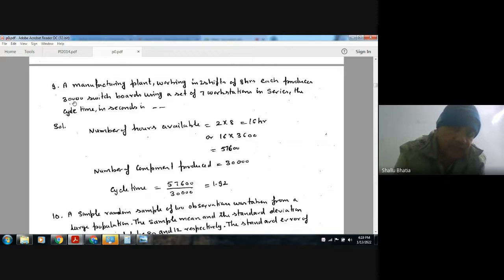So each shift produces 30,000 switchboards using a set of 7 workstations.